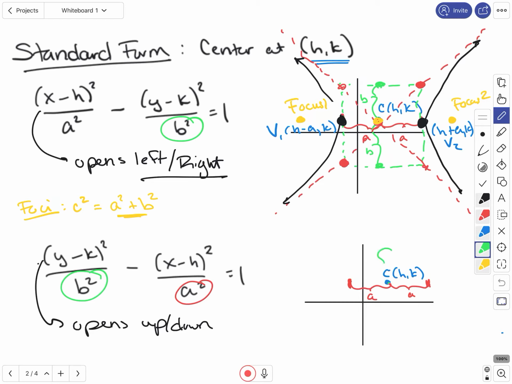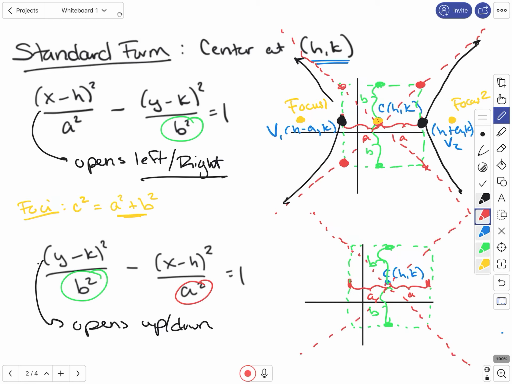So once again, I'm going to go up b units and down b units. That will give me the top and bottom of my box. And from there, I'll draw in my box. Okay. Lastly, I'm going to draw in the asymptotes.